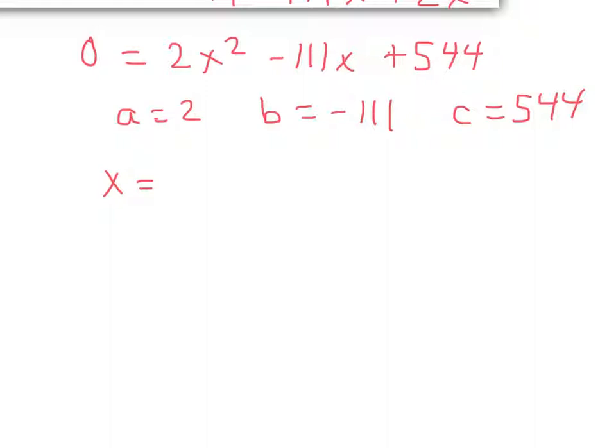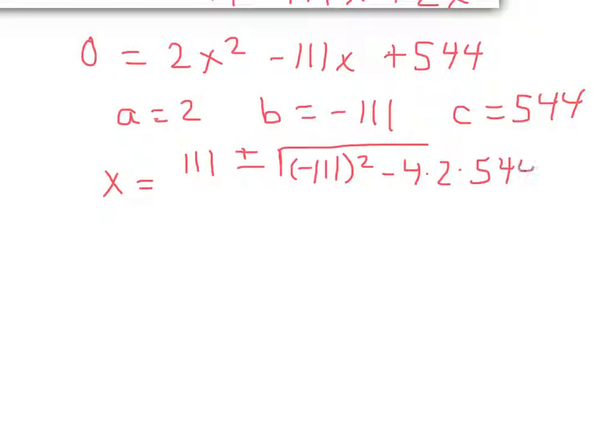So x is negative b, so that's positive 111, plus or minus the square root of b squared minus 4 times a times c, all over 2a.